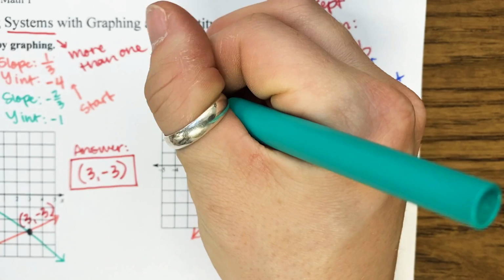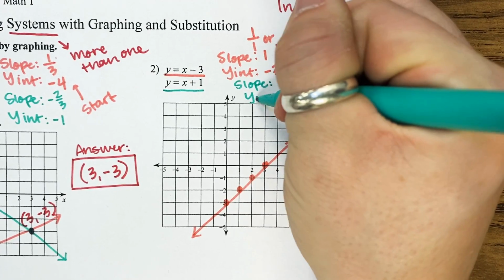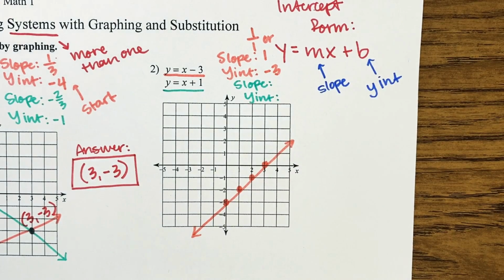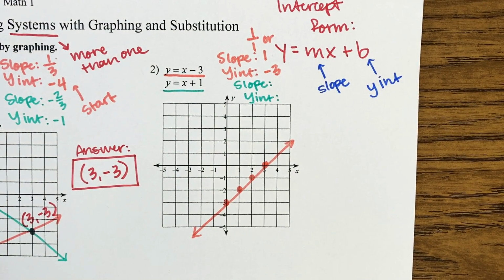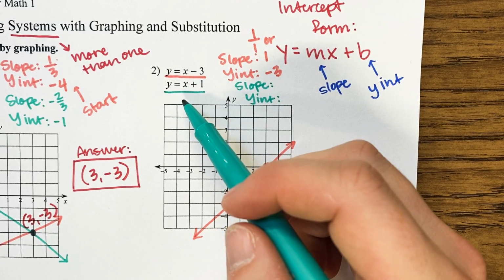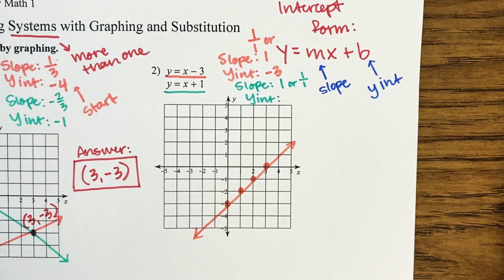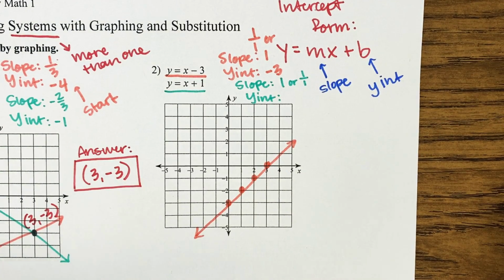Now we have our green line. So let's identify the slope and y-intercept for our green line. Okay, our slope, again, what is that invisible number in front of our x? It's going to be 1 or 1 over 1 if we want to write it as a fraction.